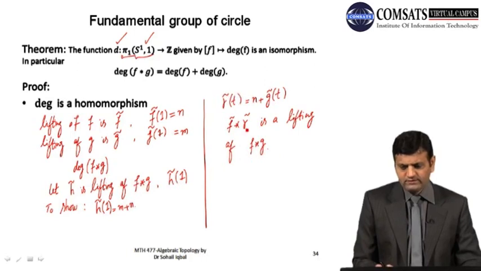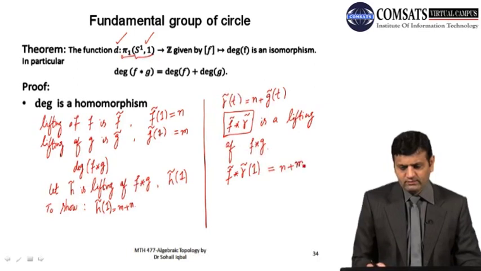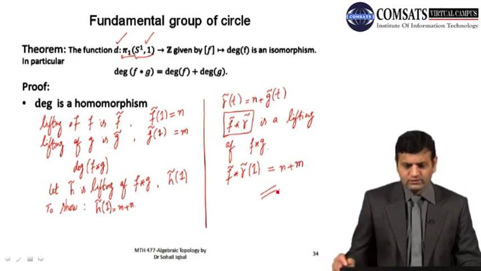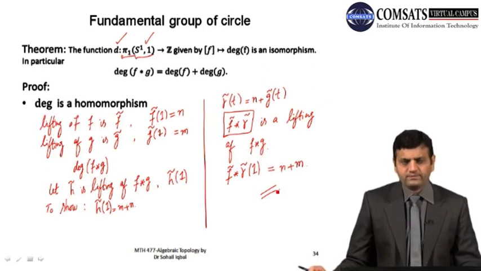Okay, so if it's a lifting of f star g, then we have to check the conditions of our main lemma, and you can easily see that this is a lifting of f star g. Also we can calculate f tilde star gamma tilde and its value at 1, and we can easily see that this is equal to n plus m. So that proves the result. So we have proved that the fundamental group of a circle is basically the group of integers.